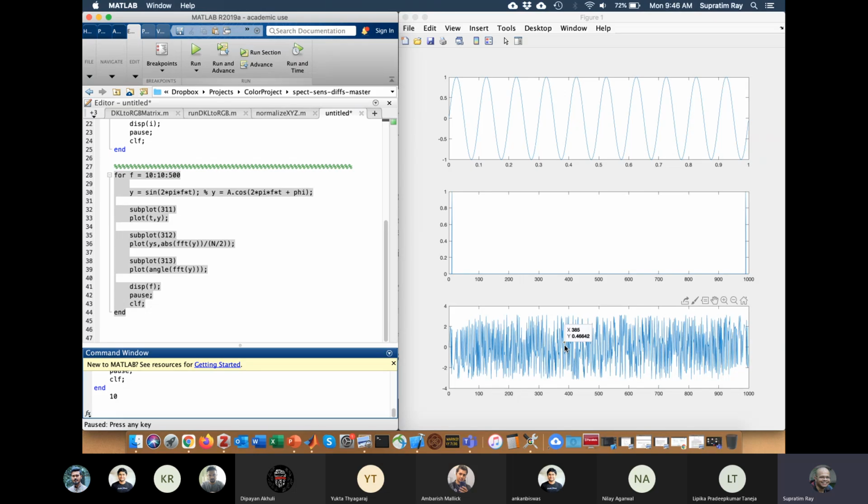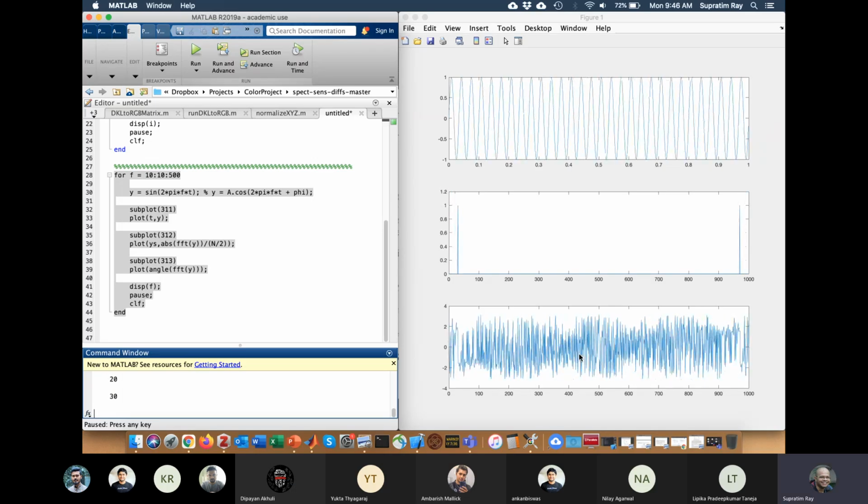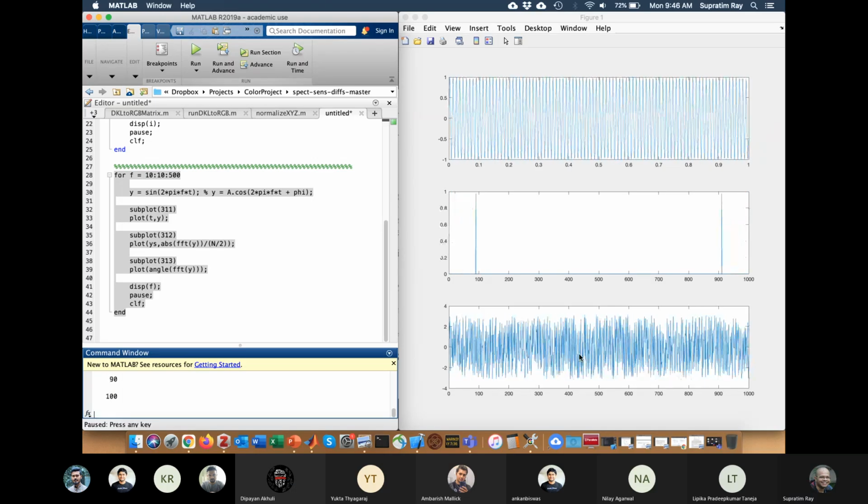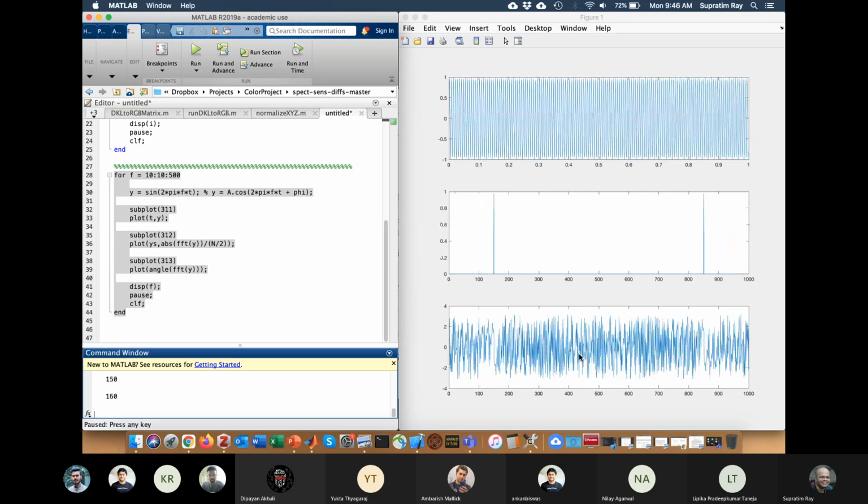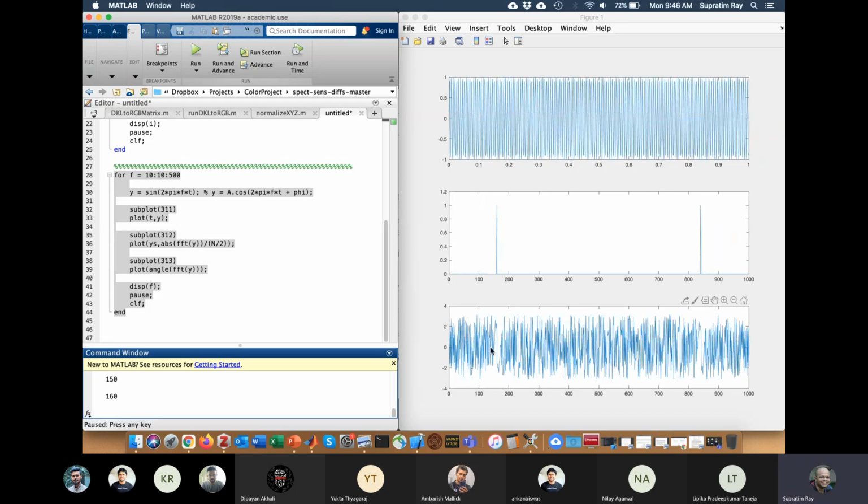Why is the Fourier transform looking so odd here? Well, you can see there's one region where it seems to be something deterministic, but all over the place it's zero.